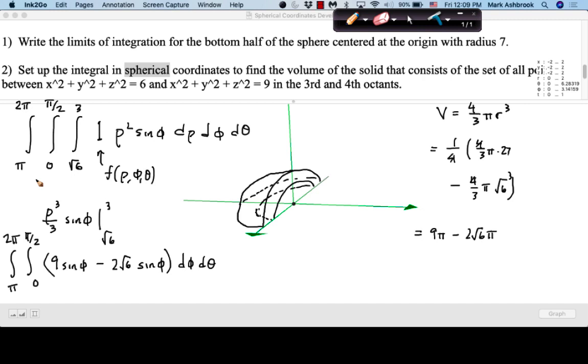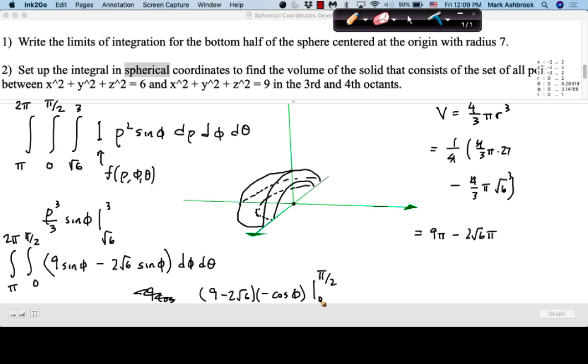Okay? So the antiderivative with respect to phi would be negative cosine. So it would be negative 9 cosine phi, or we could do just 9 minus 2 radical 6 times negative cosine phi. Is that right? And that from 0 to pi over 2, which would be what?